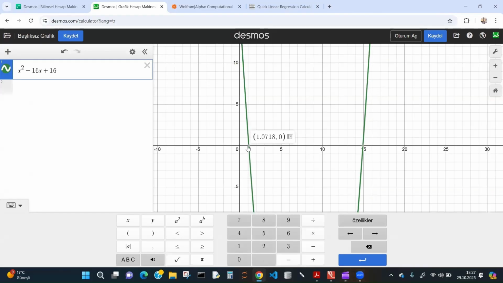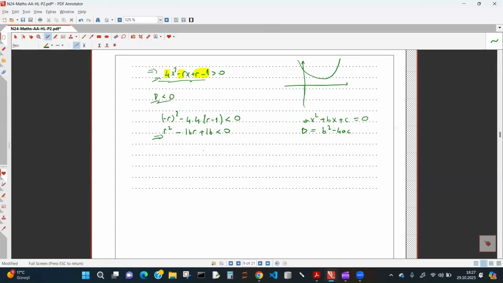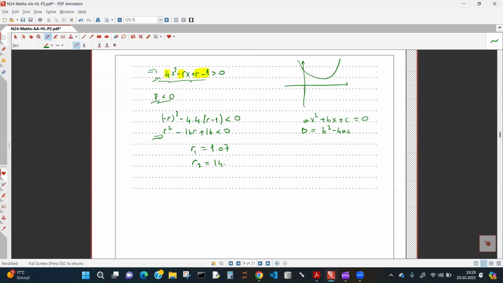So 1.07 and 14.93. We are looking for the sign table, and the sign is starting by positive, positive, negative, and positive.